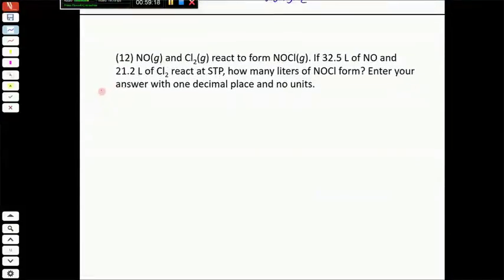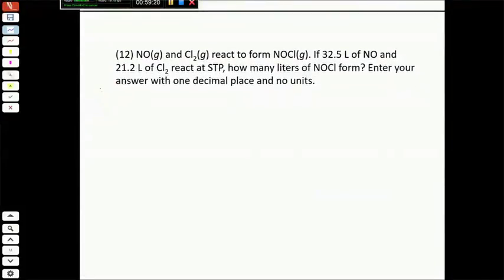All right, this one we're talking about gas stoichiometry. So we have a reaction between two gases, NO and Cl2, and we're forming NOCl. If we're using 32.5 liters of NO and 21.2 liters of Cl2 at STP, how many liters of NOCl form? So the first thing in any stoichiometry problem, let's write a balanced chemical equation.